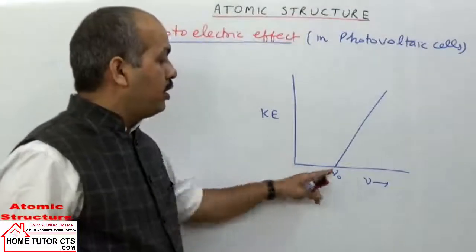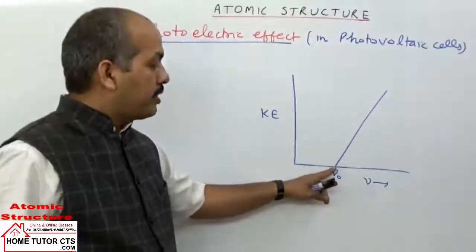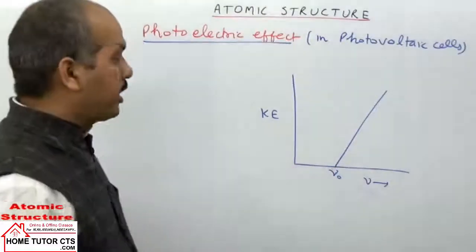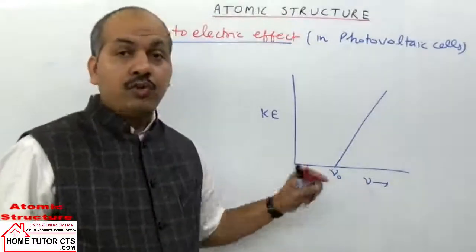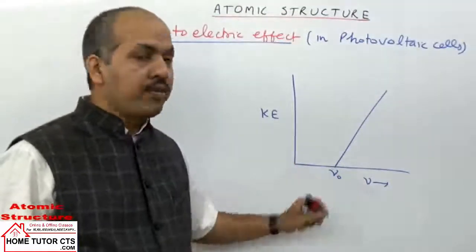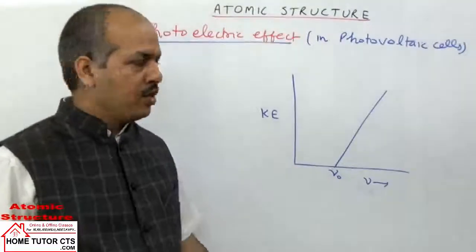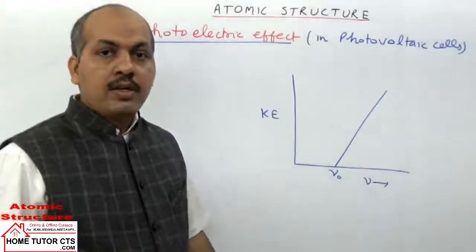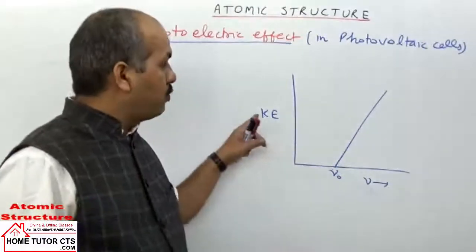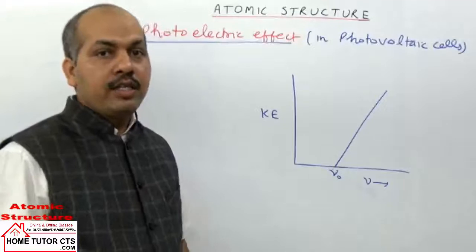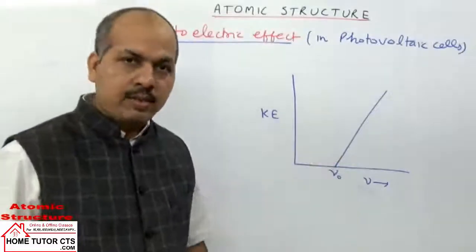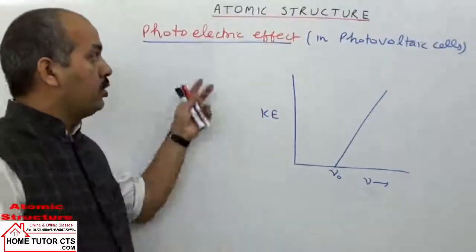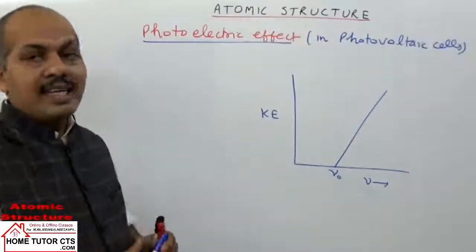Electron can eject only when the frequency of the photon exceeds the threshold frequency. Further on increase in frequency of the incident photons, the photoelectron kinetic energy increases regularly as per this expression and this graph. That is the photoelectric effect used in photovoltaic cells.